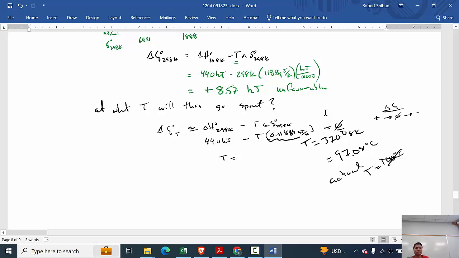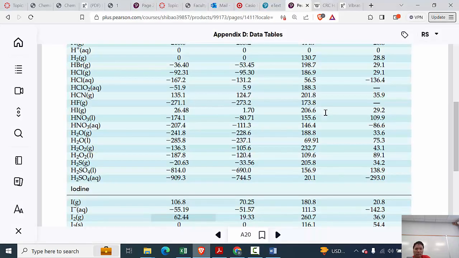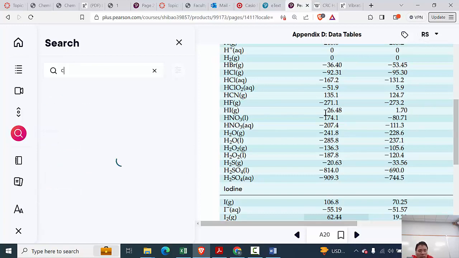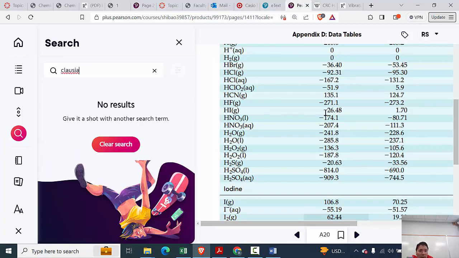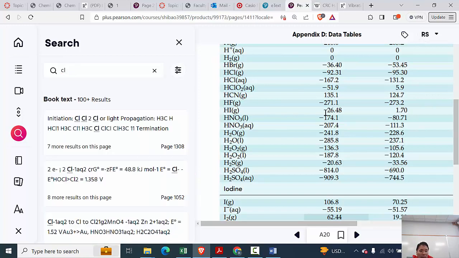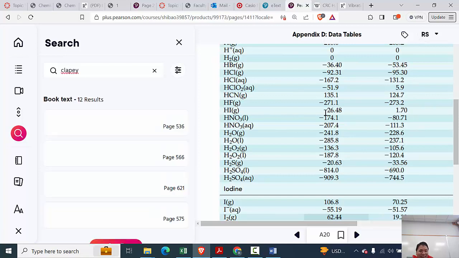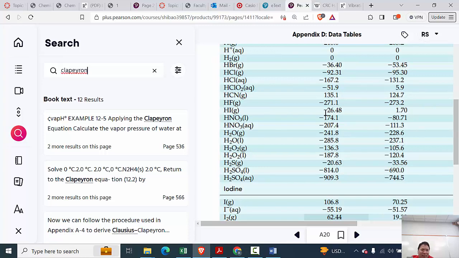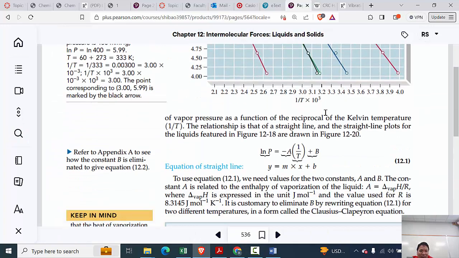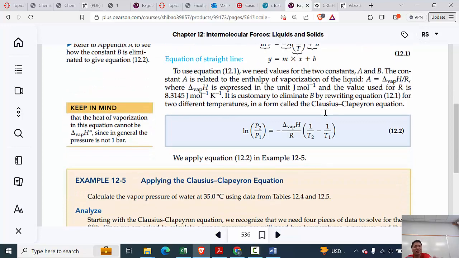Clausius-Clapeyron equation, does it ring a bell? Maybe Clapeyron.